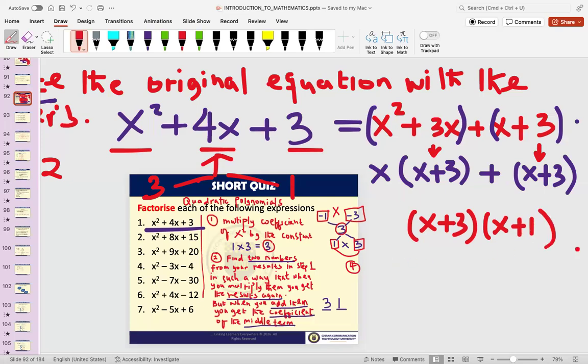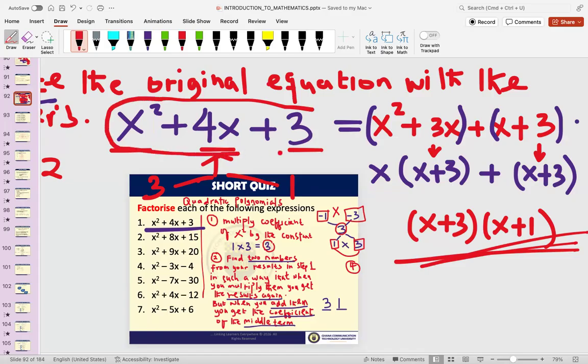And at the end of the day, you have now factorized the expression. This original expression we saw as x squared plus 4x plus 3 is the same as x plus 3 into x plus 1. If you expand this one, we should get this one back.